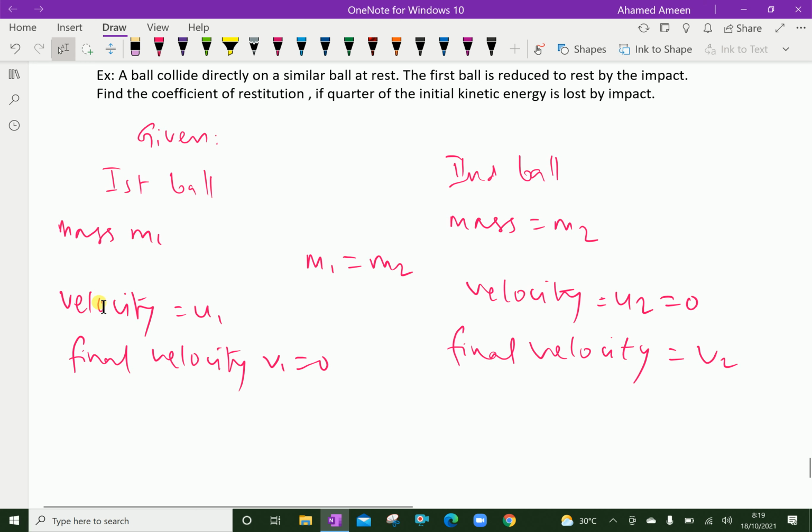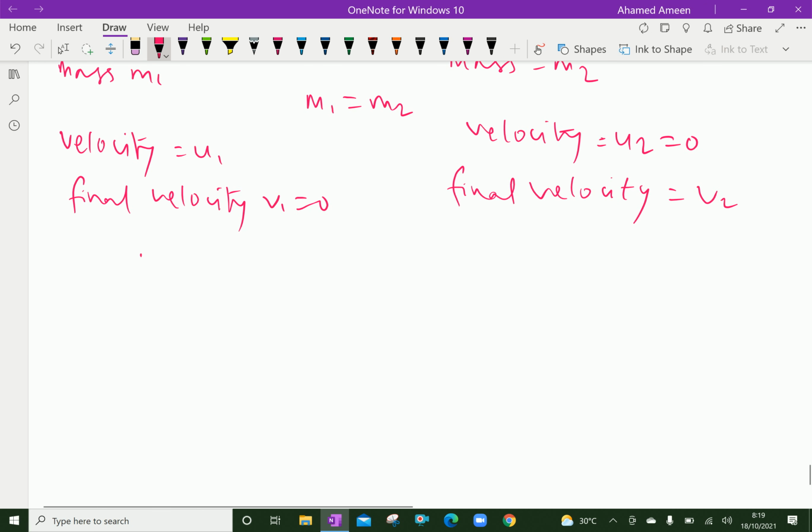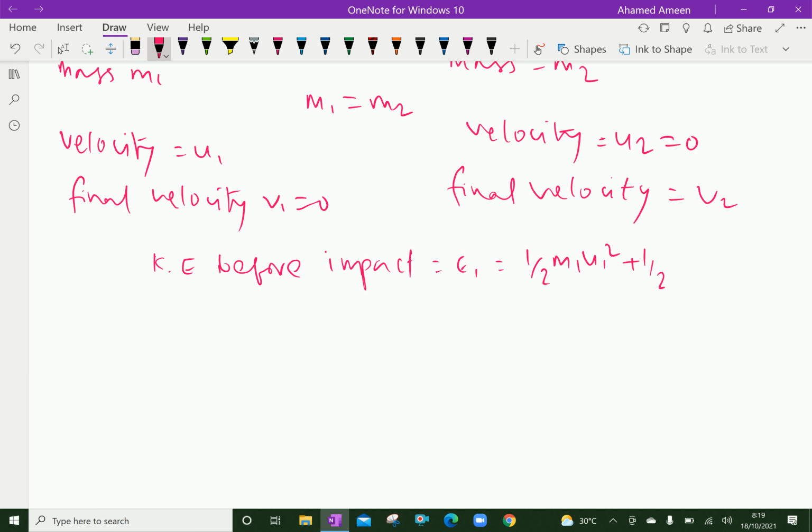Kinetic energy before impact, that is E1, is half m1 u1 square plus half m2 u2 square.